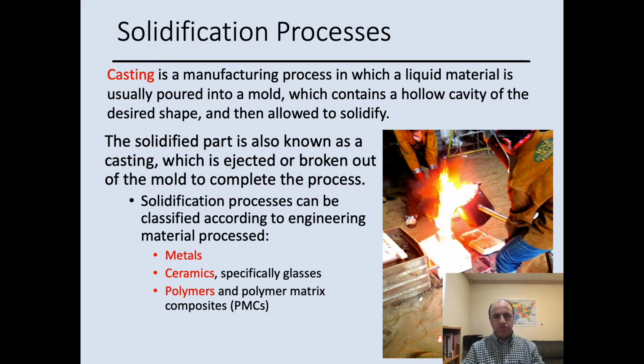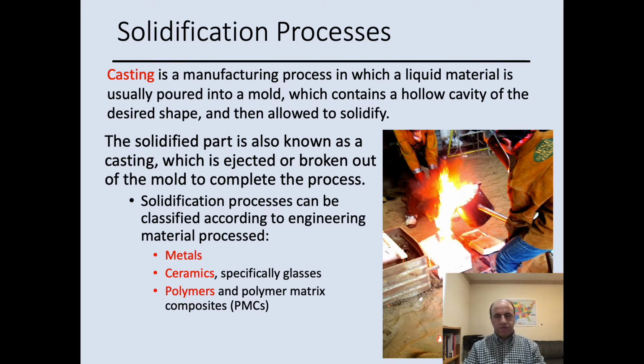It depends on the application and on your design, so you will have different shapes in that mold. Then we allow the hot metal to solidify, and the solidified part is called a casting.